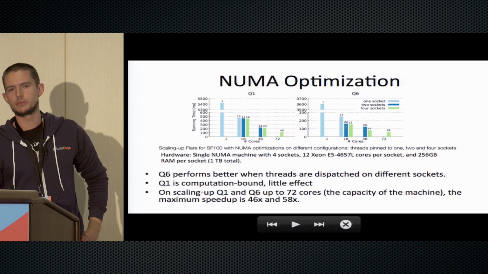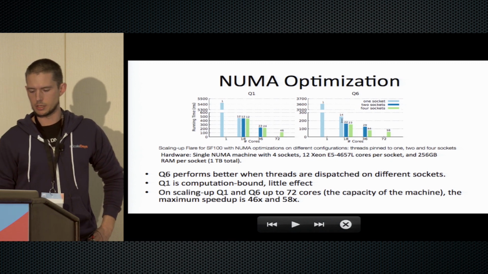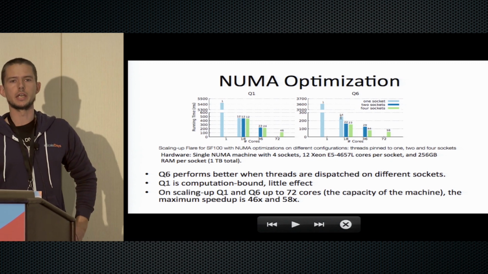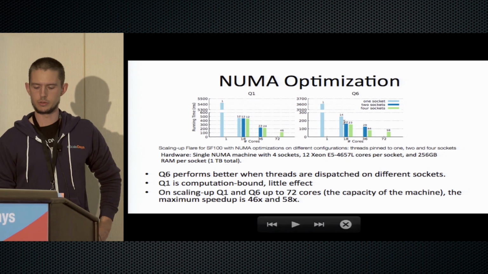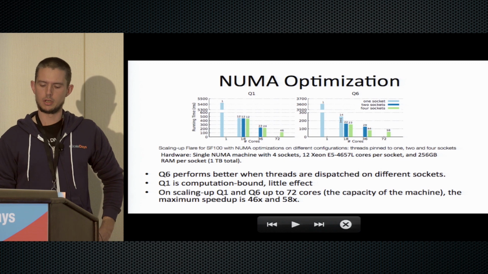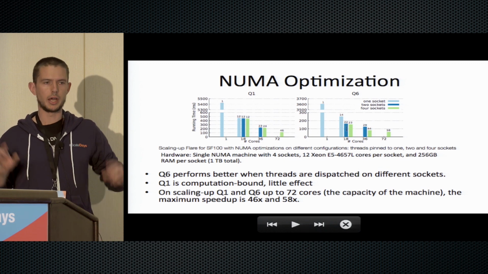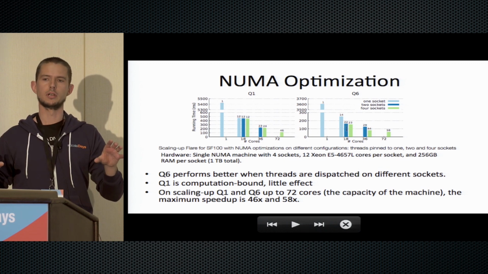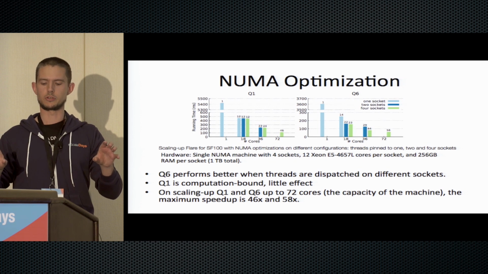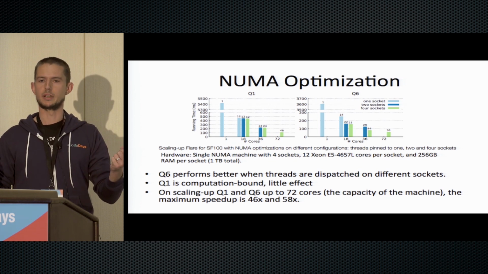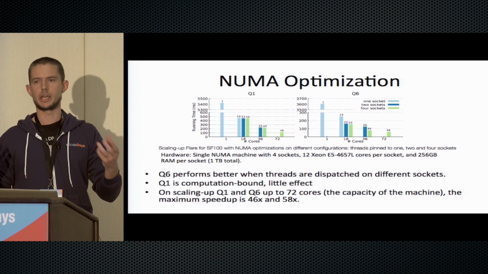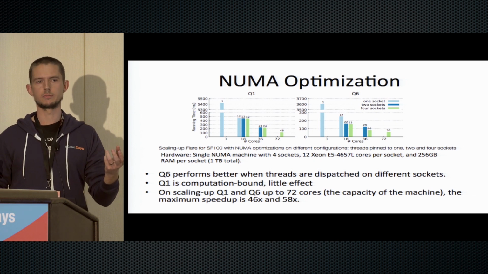So here we're running with 18 threads. And this bar is 18 threads on a single CPU socket, right? And if we have 9 threads on each of 2 CPU sockets, then we're actually running faster, right? Because now we have a higher aggregate memory bandwidth that we can use, right?